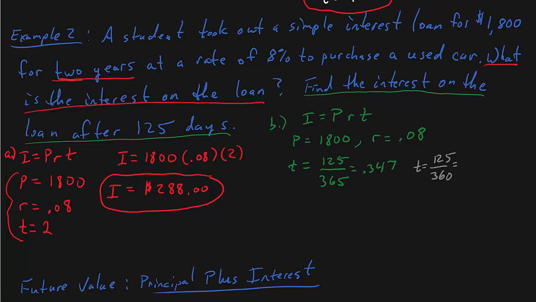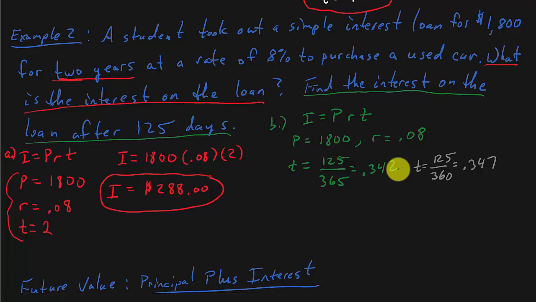So that's 0.347, 125 over 360. I'm sorry about that. 125 divided by 365, that is 0.342, rounded to 3 decimal places.